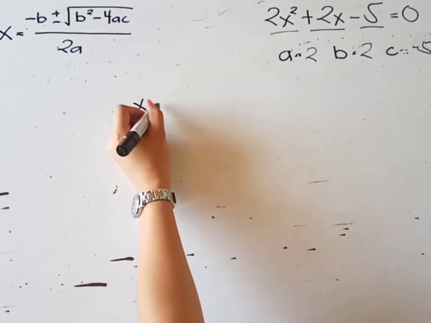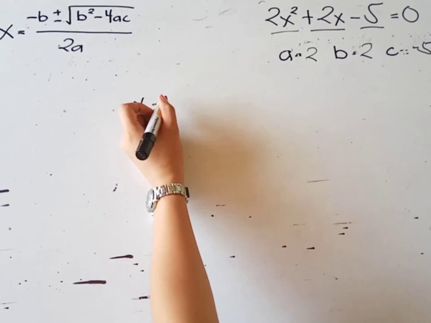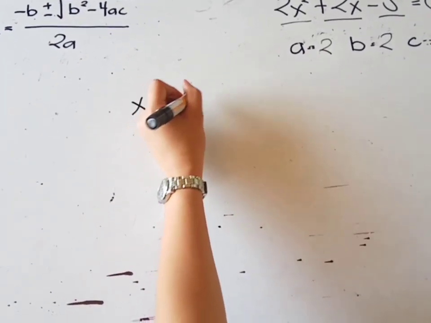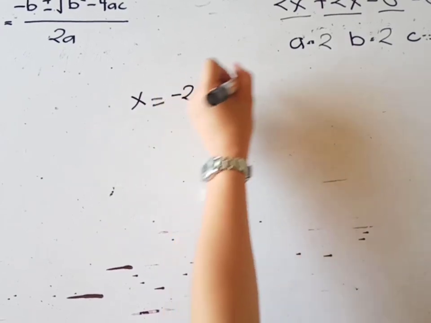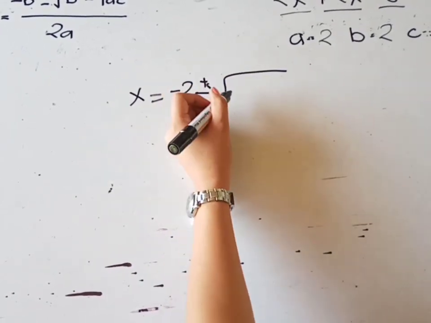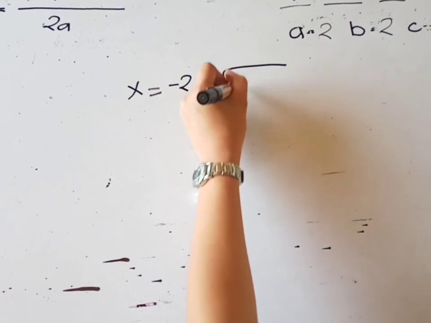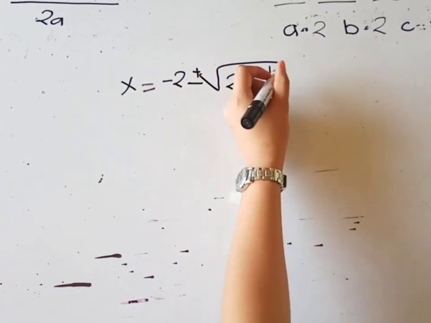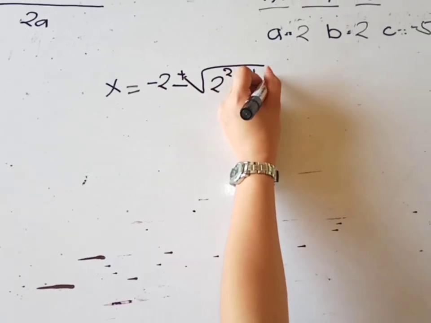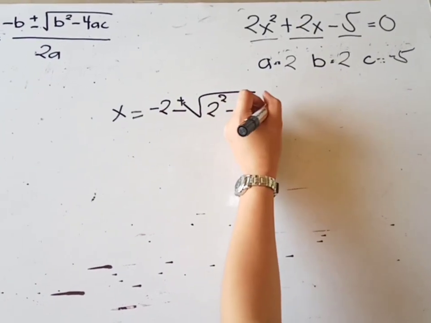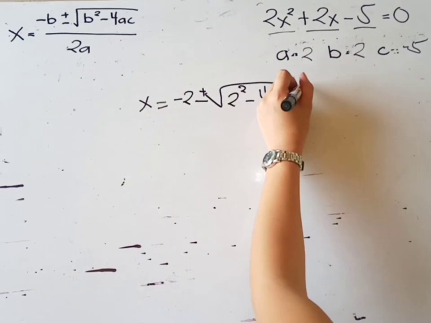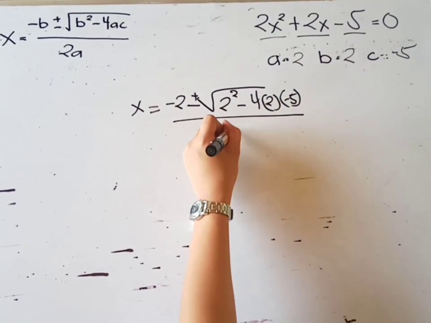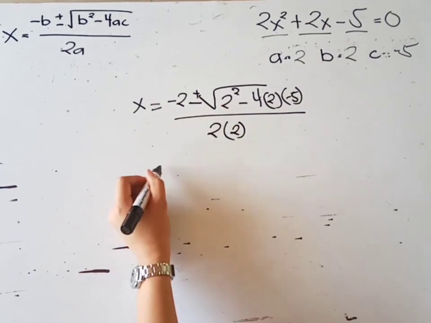We have x equals negative b, which is negative 2, plus or minus the square root of b, which is 2, squared minus 4, times our a, which is 2, times our c, which is negative 5, all over 2 times our a, which is 2.